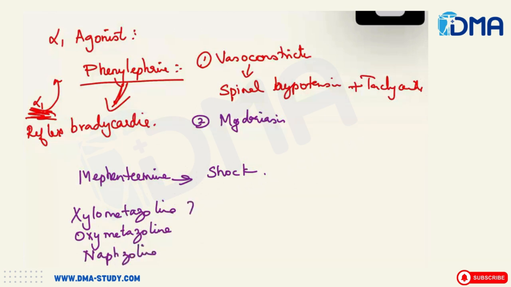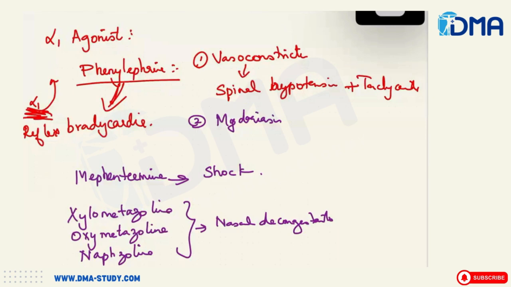These are all used as nasal decongestants. Right? The other agent which is used is clonidine. I will say clonidine is not exactly an alpha 1 agonist, it is rather an alpha 2 agonist.